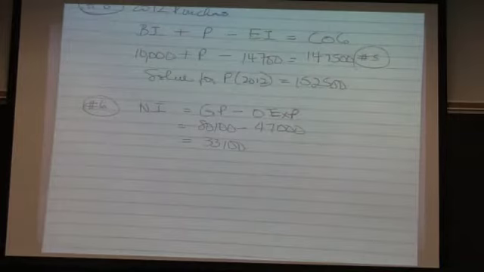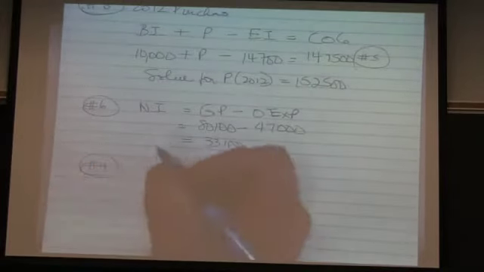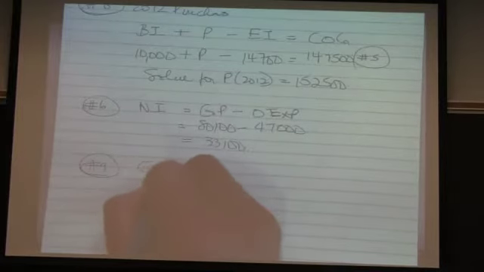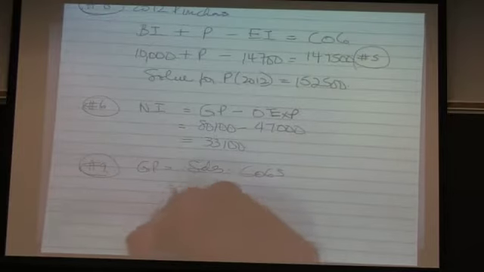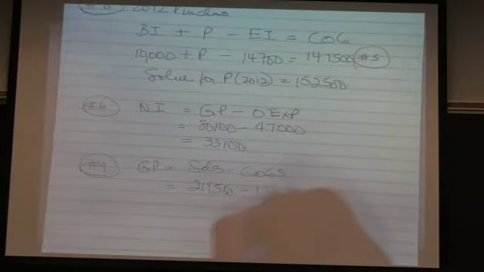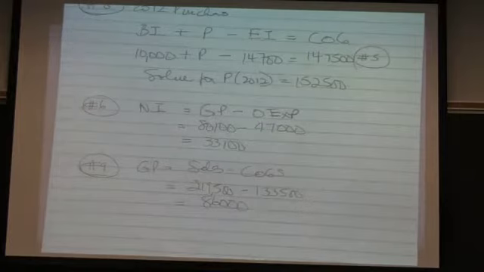Okay? So in solving number 9, that's easy. Number 9, gross profit, is sales less cost of goods sold. Sales is 219,500 less 133,500 to give you 86,000. So that is number 9.